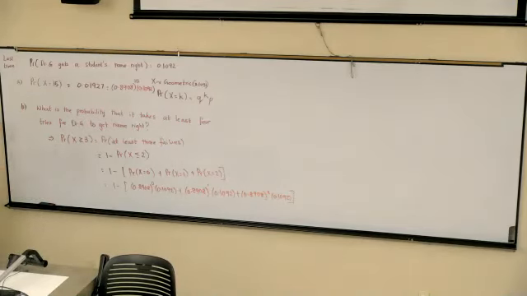I'm just plugging in the values of x is equal to 0, 1, and 2 in the PMF of a geometric, which is q raised k multiplied by p.